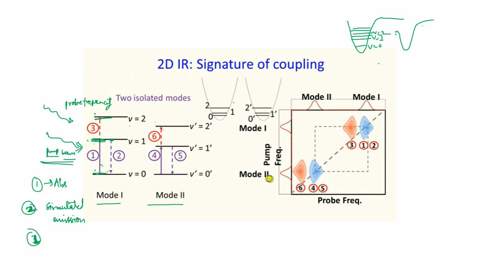What will happen? If most of the population is in the ground state, some of the population will come to a higher state, and that is called the ground state bleach.